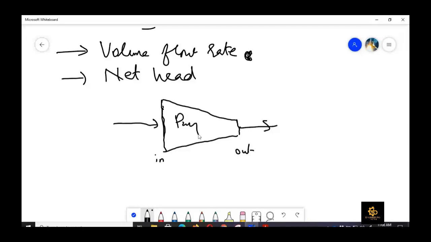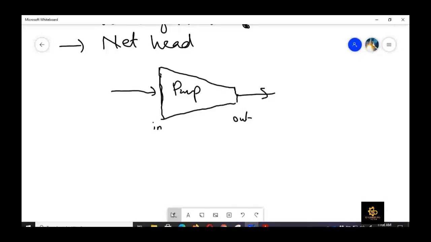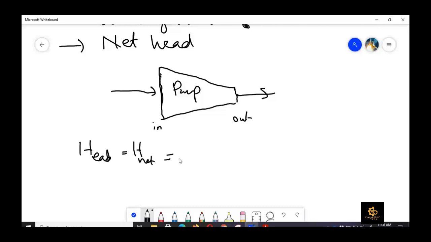If we want to calculate the net head which has been gained by the fluid, that can be calculated by the head, and we denote it with H net or H simply. We can calculate it from Bernoulli's equation, the summation of static plus dynamic plus elevation head at the inlet and outlet.